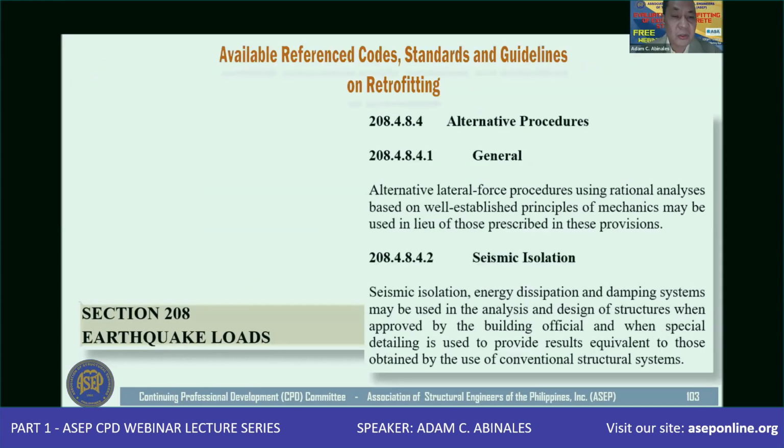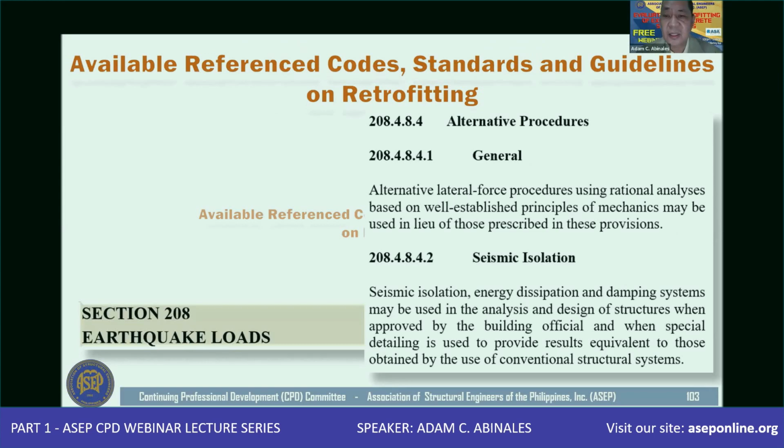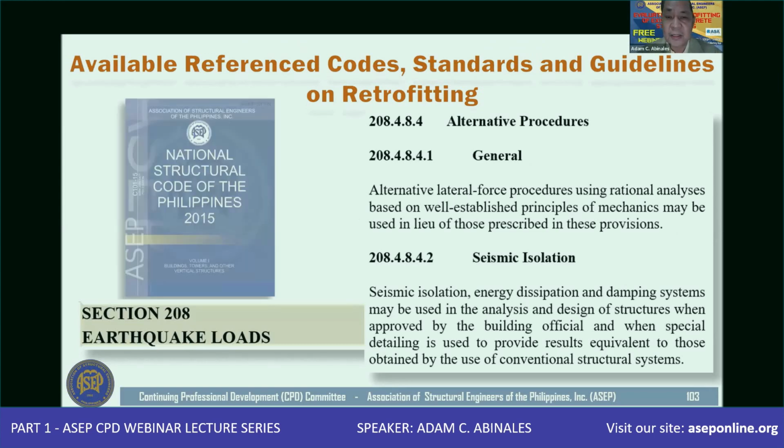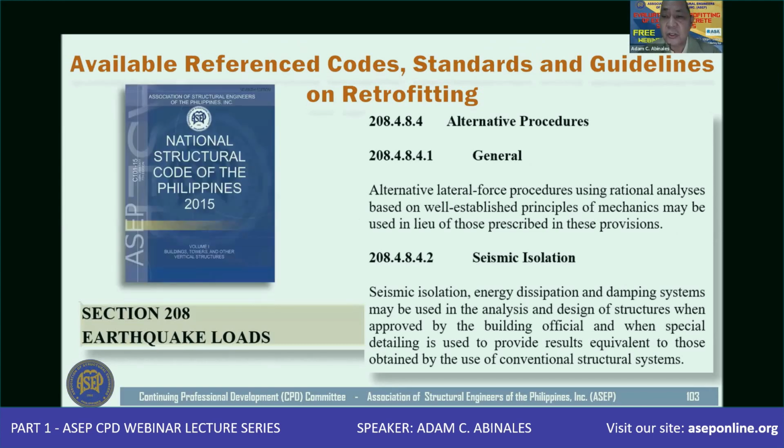Also, in Section 208, there are alternative procedures also discussed: alternative lateral force procedure using rational analysis based on well-established principles of mechanics may be used in lieu of those prescribed in these provisions. And in the same section, you have 208.4.8.4.2 on seismic isolation.